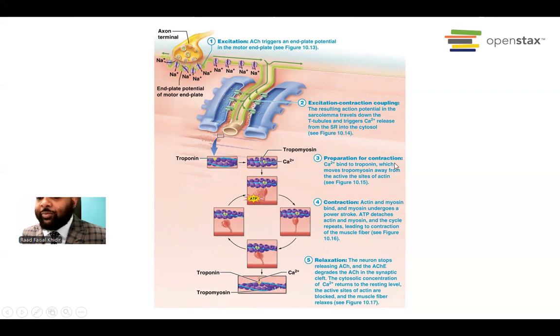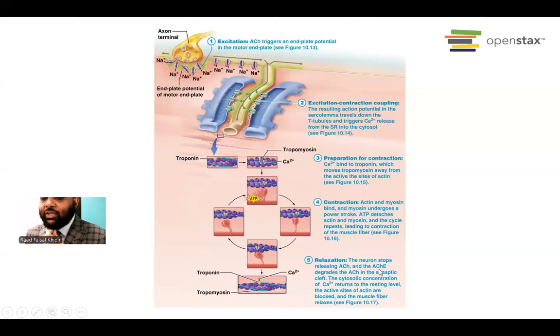Then comes the preparation for contraction: calcium binds to troponin, which moves tropomyosin away from the active site of actin. Then actin and myosin bind, myosin undergoes a power stroke, and ATP detaches actin and myosin, and the cycle repeats, leading to contraction of the muscle fiber.